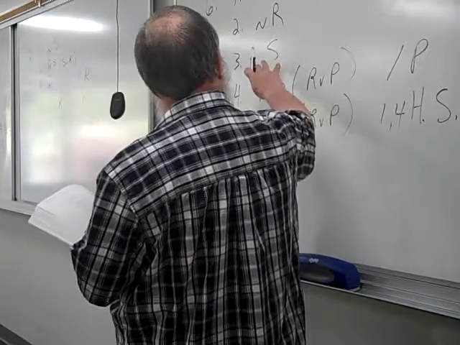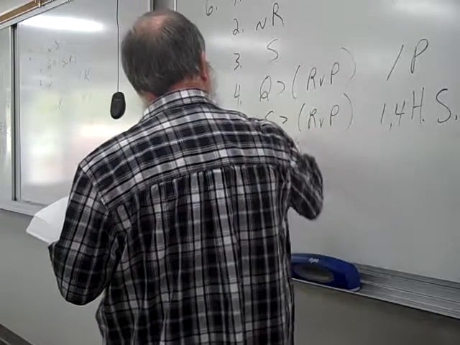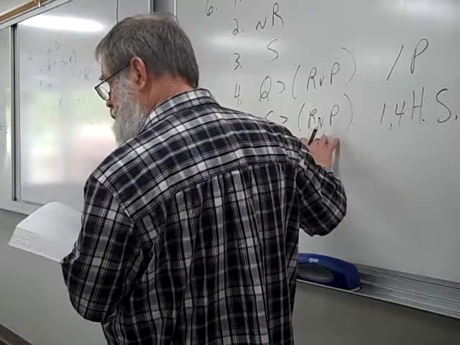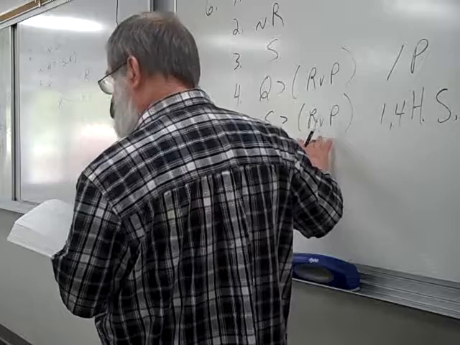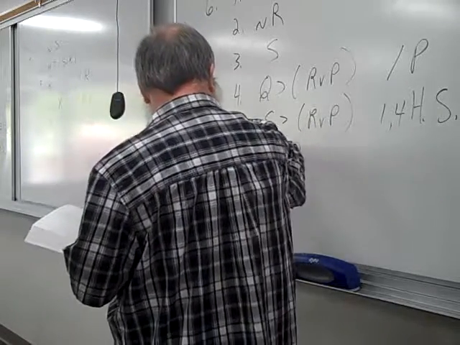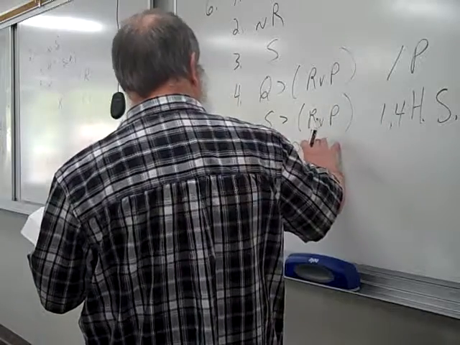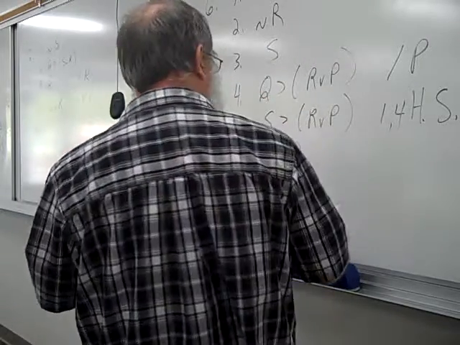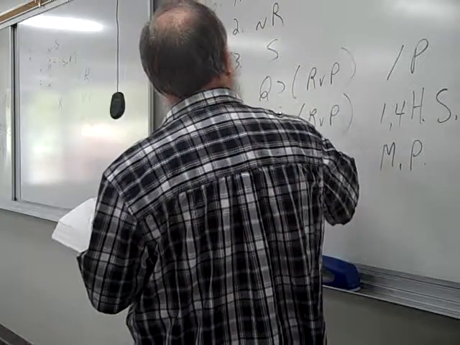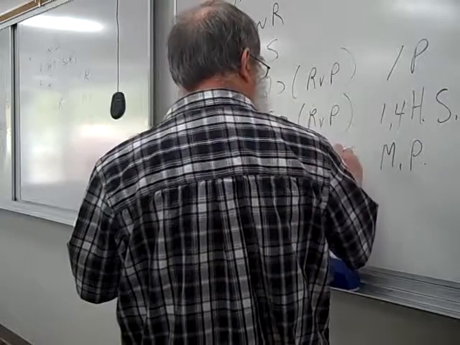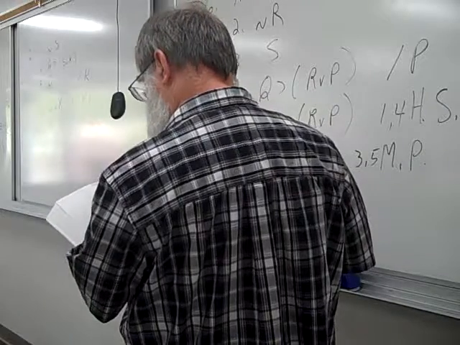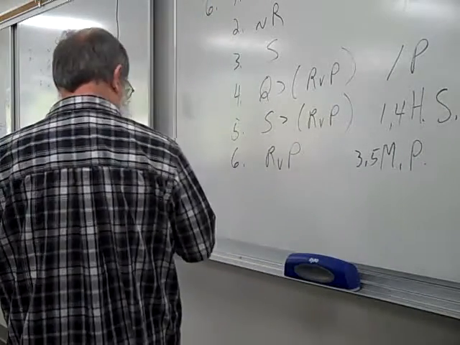Well, notice we have S, and we have if S, then R or P. So modus ponens, right? If P, then Q, P before Q, modus ponens. In this case, it's if S, then R or P. But I do have S, so I have R or P. How did I get it? I use modus ponens on lines 3 and 5.